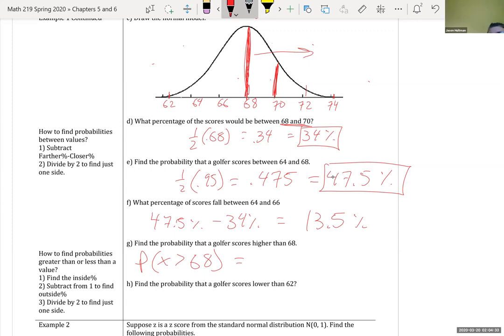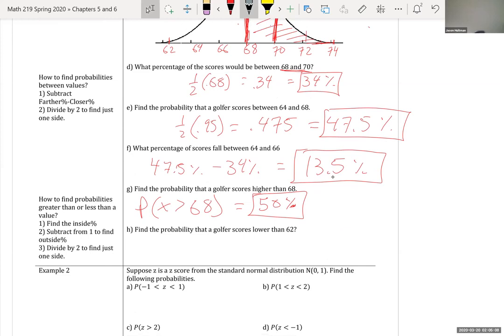The middle cuts the area in half. And so if the middle, which is the mean in this case, is at 68, then the upper half of this graph would be 50%. So the probability that a golfer scores higher than 68 is 50%. Higher than the middle.